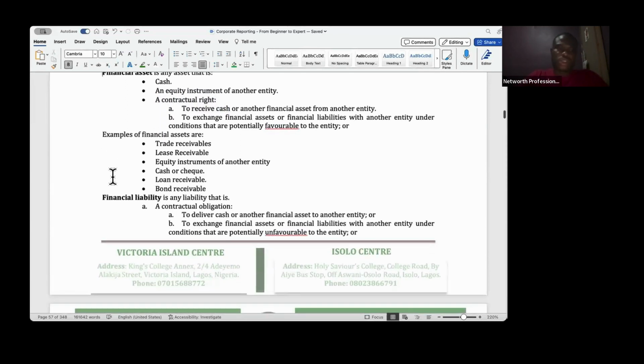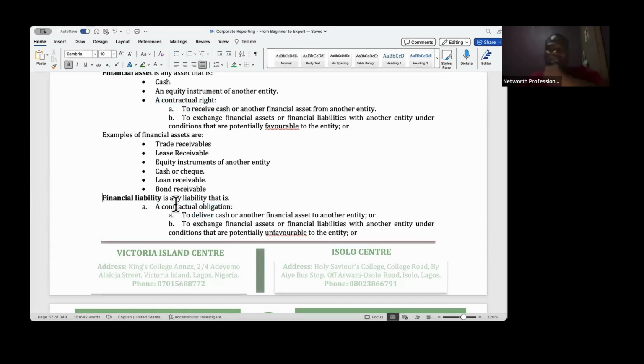The second one is a financial liability. The focus for financial liability is that it is any liability that is a contractual obligation to deliver cash. It's just like the flip side of this right to receive cash, which is one of the definitions of an asset.